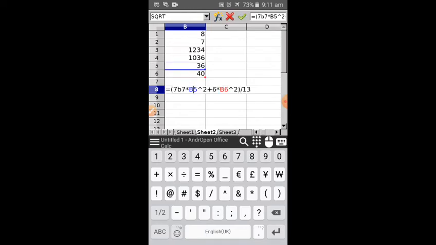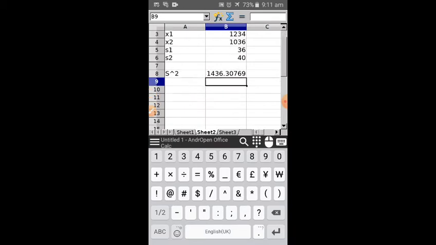Something is not correct here, there was some garbage value. Now it is correct, and we are getting the value 1436.3079. So this is the s square we have calculated.